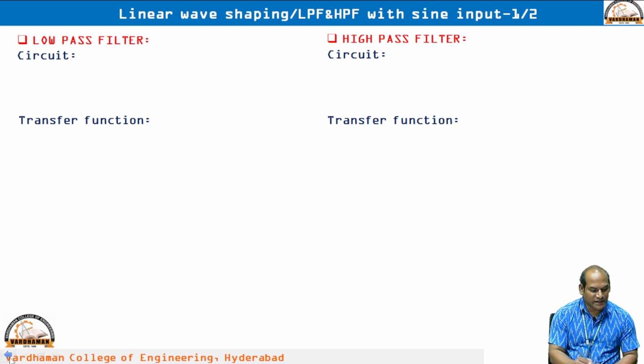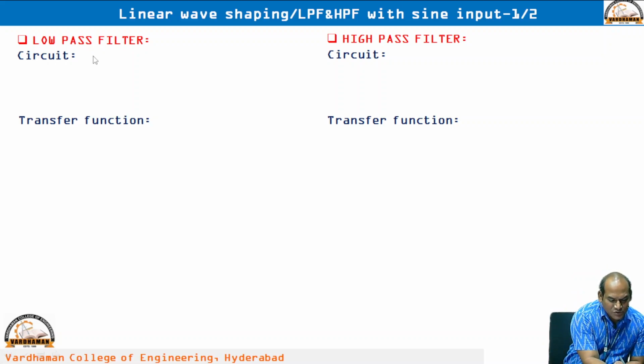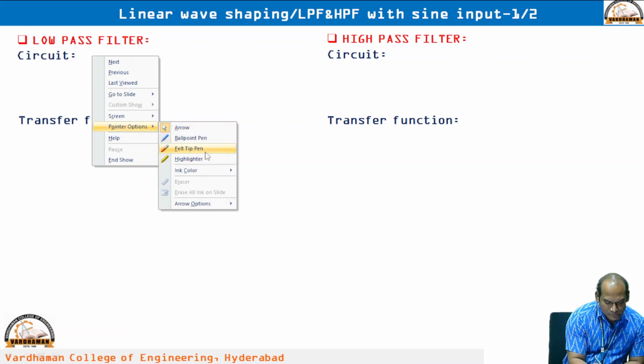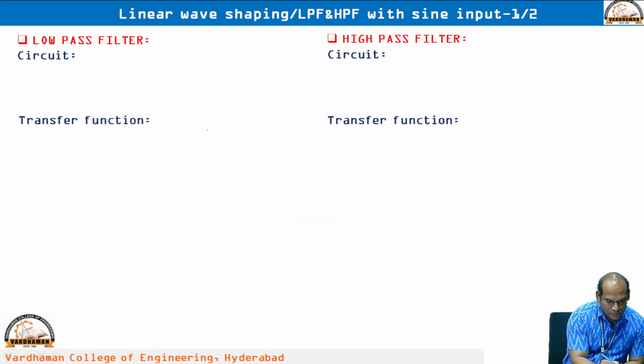Okay. So we will take the low pass filter circuit here. So we know low pass filter is nothing but we will be having resistor and then capacitor. This is our low pass filter.